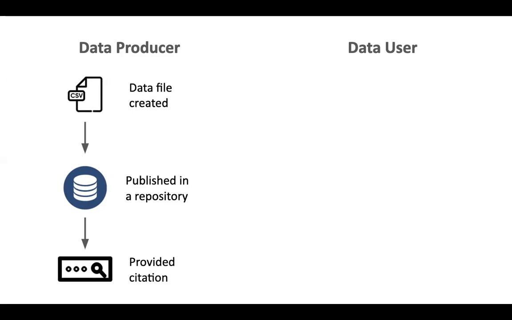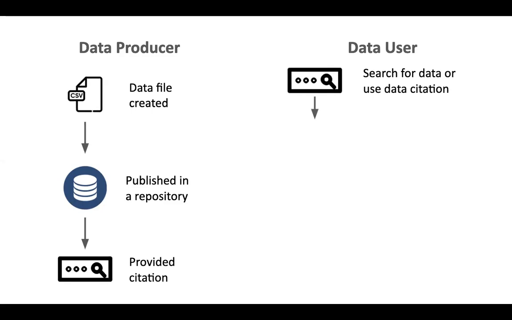So when you are utilizing secondary data, you need to cite what you use. When using the data of others, cite both the related peer-reviewed literature and the actual data sets used. You should include formal data citations wherever possible. And these will be provided by the repository or central place the data is shared through. So say you search for some data or use a data citation that will point to where that data is located in that repository.